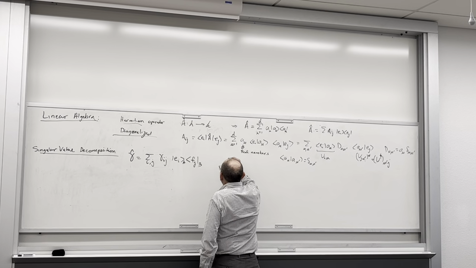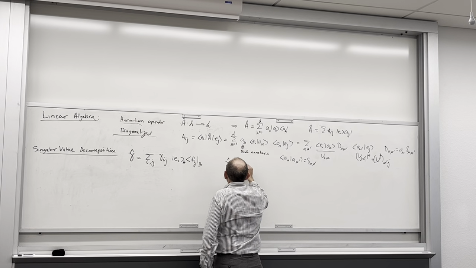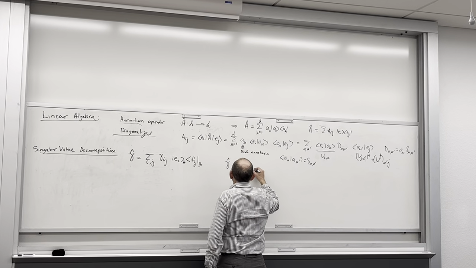They could come from wherever. |e_i^A⟩⟨f_j^B|. Okay. Now this operator maps the Hilbert space B into the Hilbert space A. I can also think about the adjoint operator as mapping A to B.